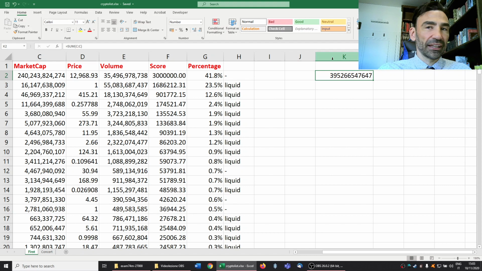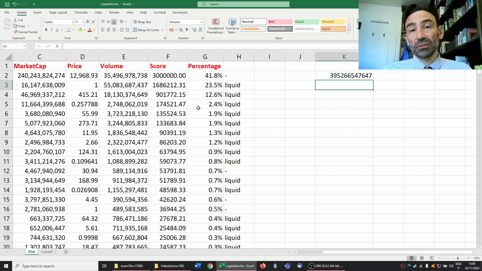In cell K3, insert the sum of market cap for all currencies whose name starts with Bitcoin. This one is a little challenging, so there's time to think. This is why I waste a little time in the video, so your colleagues will have more time. There are two possible solutions here.